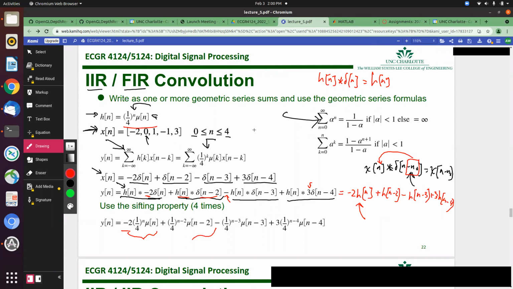And that's this term right here. Then we have minus h of n minus 3. Well, -1/4 to the n minus 3 power u of n minus 3. And then finally 3 h of n minus 4. That's 3 1/4 to the n minus 4 u of n minus 4. And so we get this wonderful little function down here. And it seems like it might be complicated, but it doesn't need to be. All we're doing at this point is plugging in.